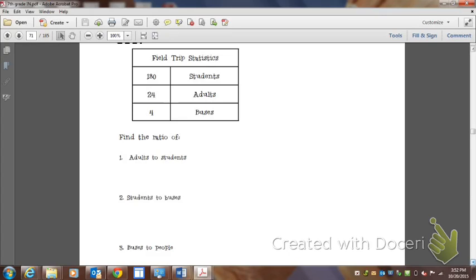So remember, I read left to right, and I'm going to do it top to bottom. So adults, it's 24. And of course I'm going to always label 24 A over students, 180 students.